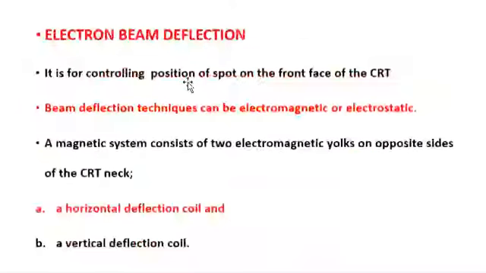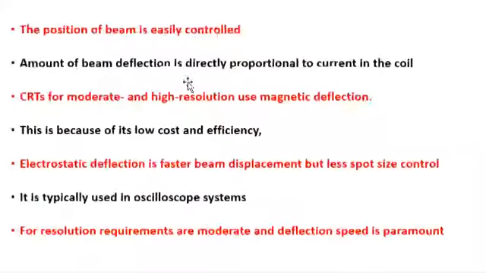Let me go back to the diagram. Look at it. The ones at the neck, they are our yokes, and one of them is used for horizontal deflection and the other one is for vertical deflection. And the position of the beam should be controlled in such a way that it can easily be directed to the front face of the CRT where the image will be formed.